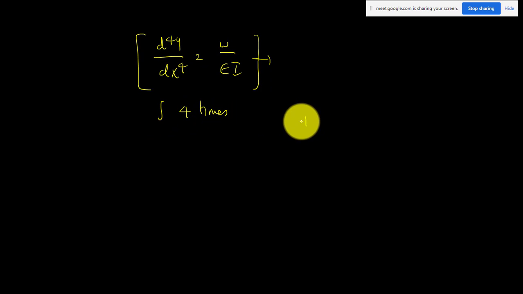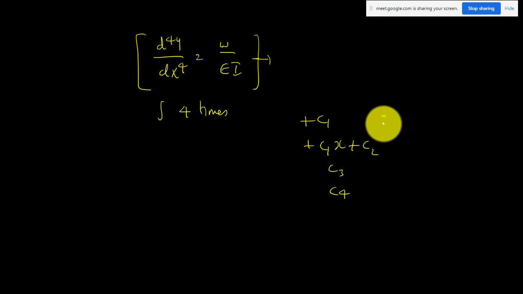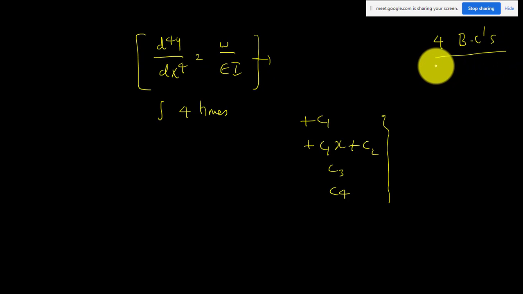First integration I got c1, second I got c1x plus c2, similarly I got c3 and c4. So I had 4 boundary conditions, and in that question I had no choice. I have 4 constants and 4 boundary conditions, so there is no doubt you have to use all the 4 boundary conditions.